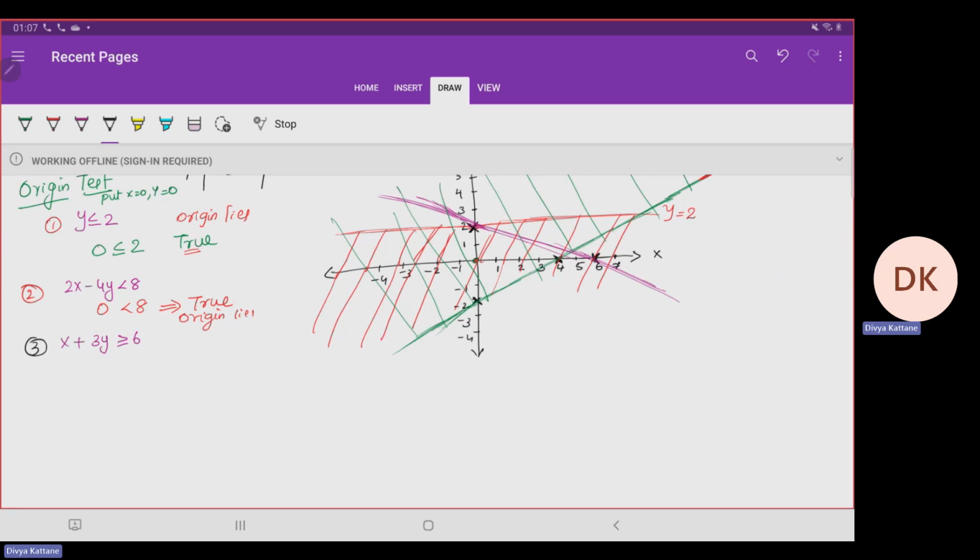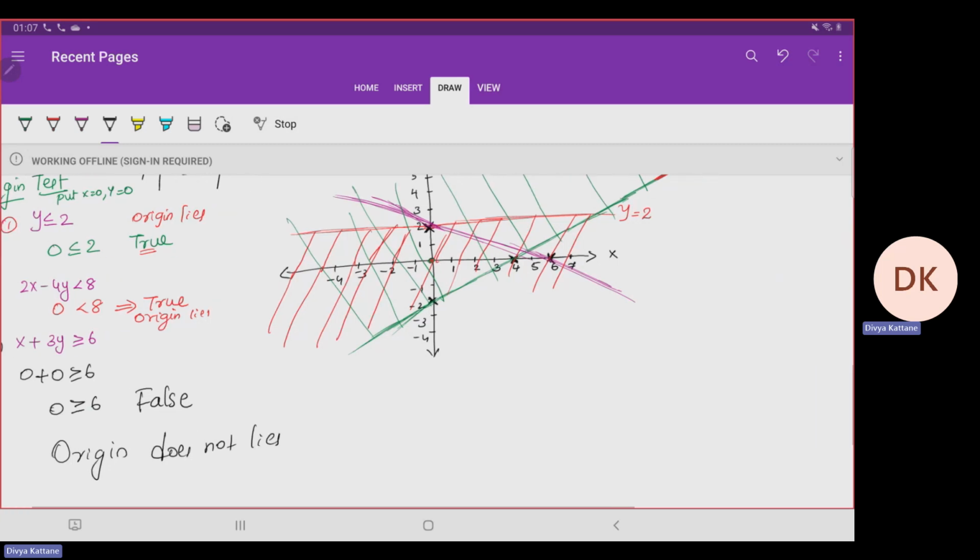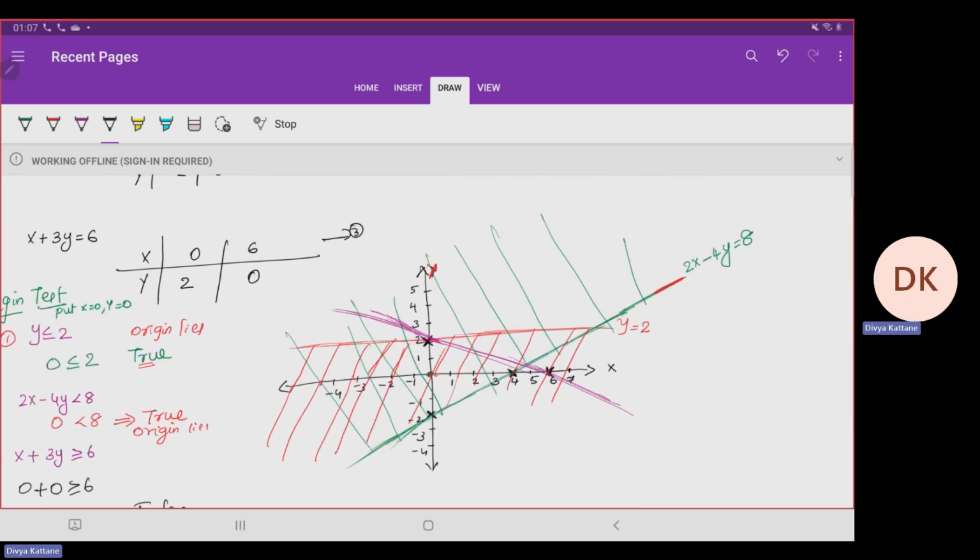Now the third inequality is x plus 3y bigger than or equal to 6. When you put x and y as 0, what will happen? You will get 0 bigger than or equal to 6. Is that correct? 0 is not bigger than 6, no? So this is false, which means the origin does not lie inside.